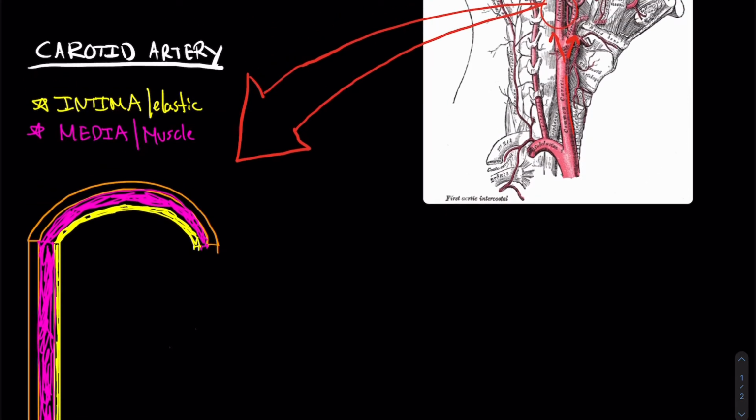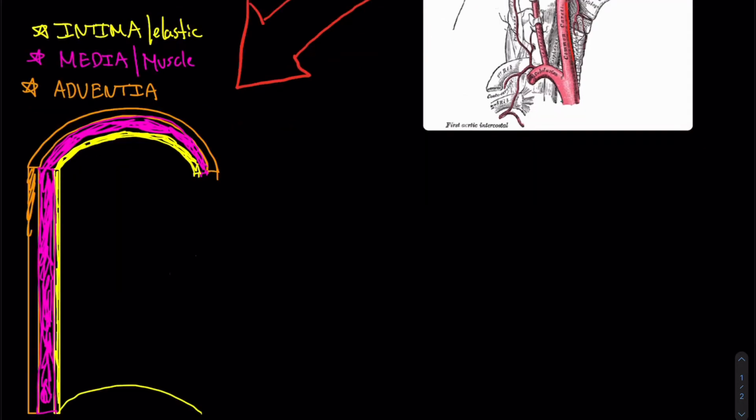The third layer is called the adventitia, and this one is in orange right here, and it's pretty thick as well. This layer is mainly for protection, so it's made mainly of fibrous material.